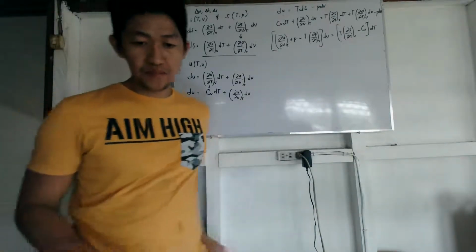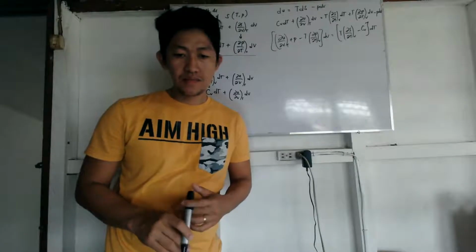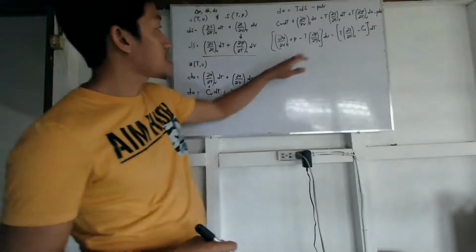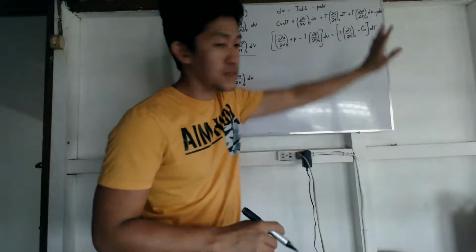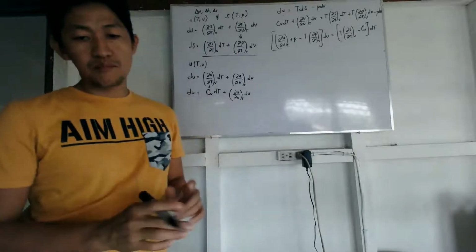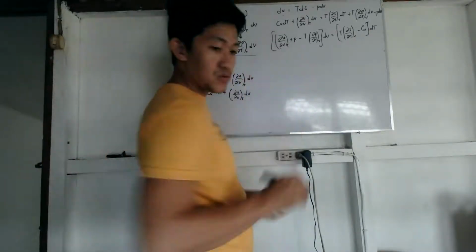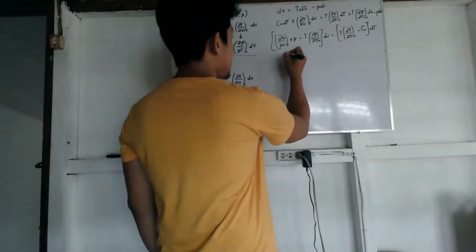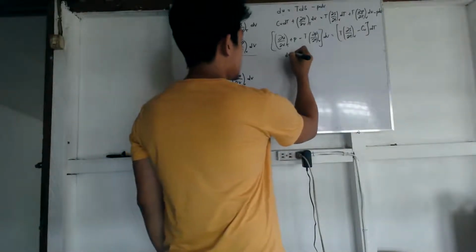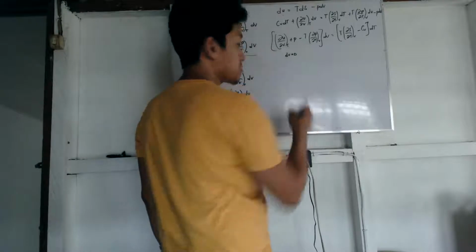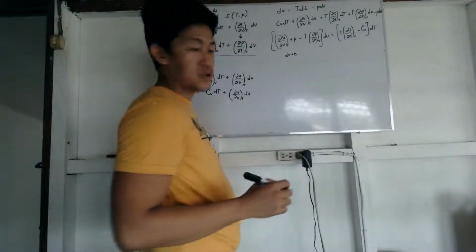And then, since specific volume and temperature can be varied, within that, there are two cases. First case is we let dV equal to 0.